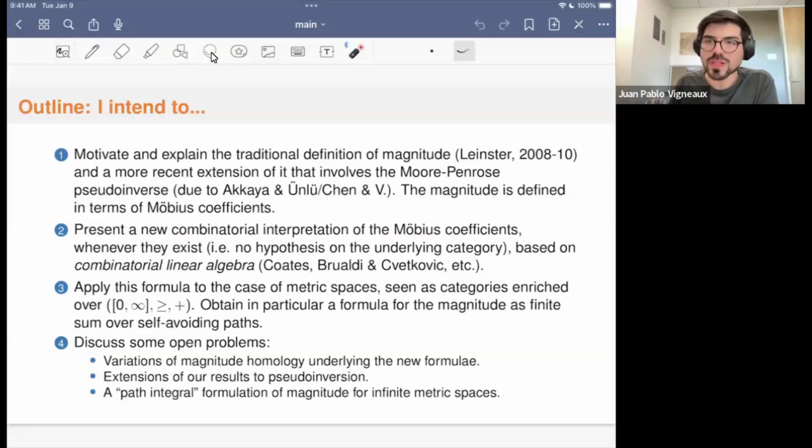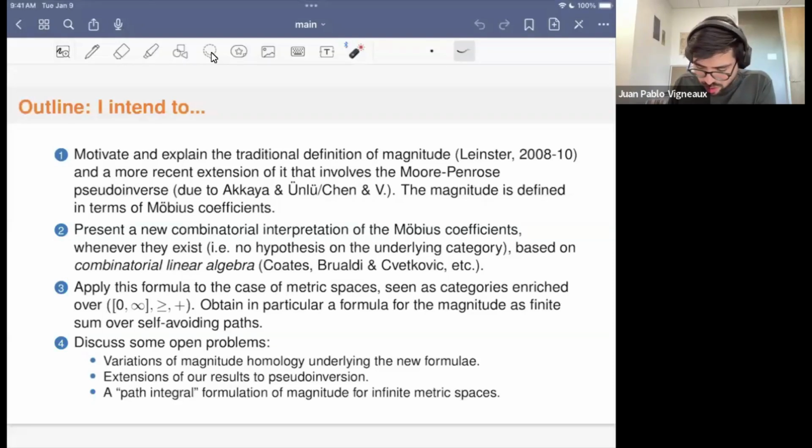That's the first result I wanted to present. That will also motivate this more general question of a combinatorial interpretation of the Möbius inversion. So in the second section, I want to explain what this combinatorial interpretation is and how you can recover from it what was already known in some particular cases.